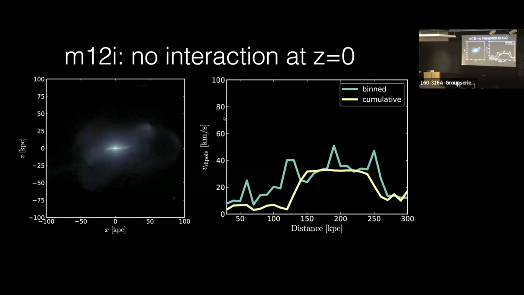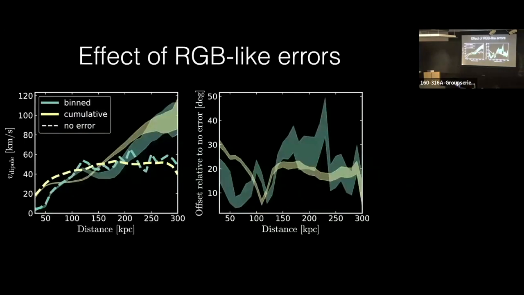So that's one idea. And then we also wanted to poke a little bit at the effect of observational errors. It's nice to be in star particle land or simulation land where we know the exact positions and velocities of all these things.